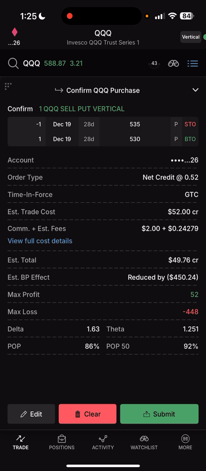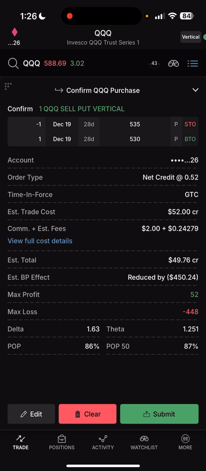So again, we like to shoot for probability of profit 85, or in this case, it's a little bit more. This is a standard textbook trade. This is exactly what we're looking for. And if we get anywhere near that 2x loss, which is about $100 on this trade, then we would sell out of that well before we reach that max loss of $450.